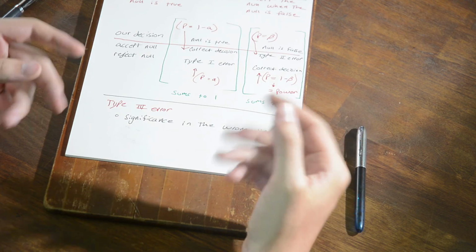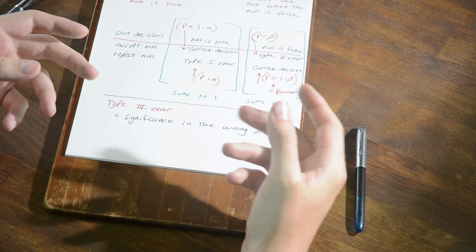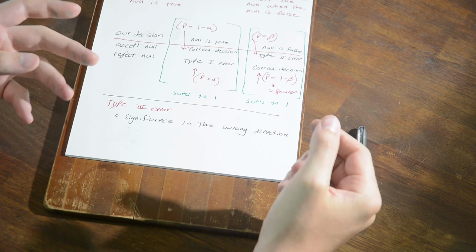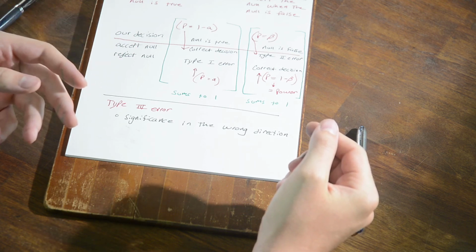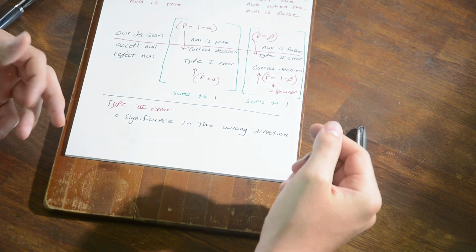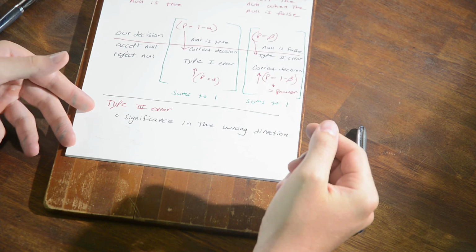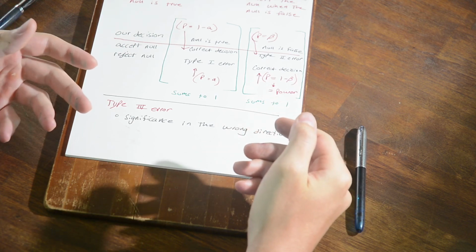I'm just familiar that it exists. The single-tailed test is the only scenario where it can show up, and that is really very rare. And so we don't pay a whole lot of attention to it.